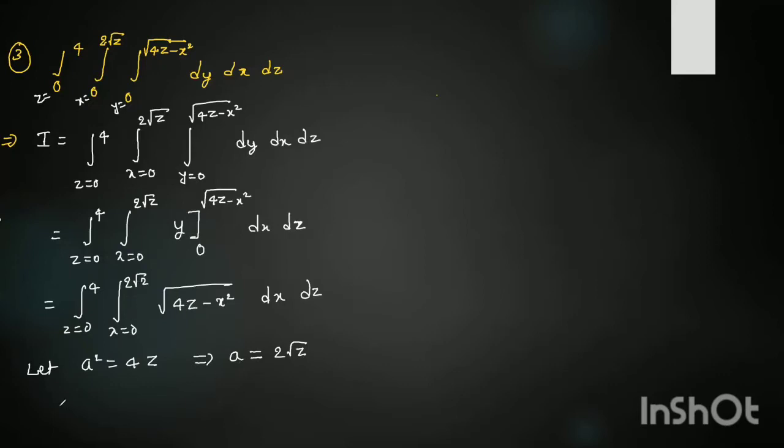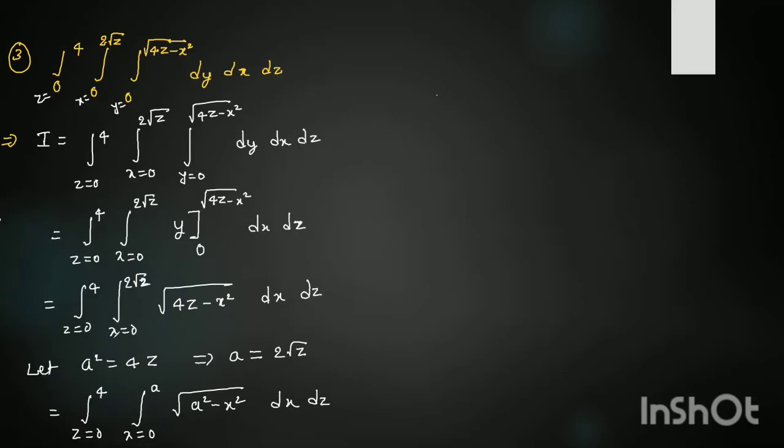Then I can change the integral and write it as z from 0 to 4, x from 0 to 2 root z, which is 2a... sorry, which is a, of the square root of a square minus x square, dx dz.